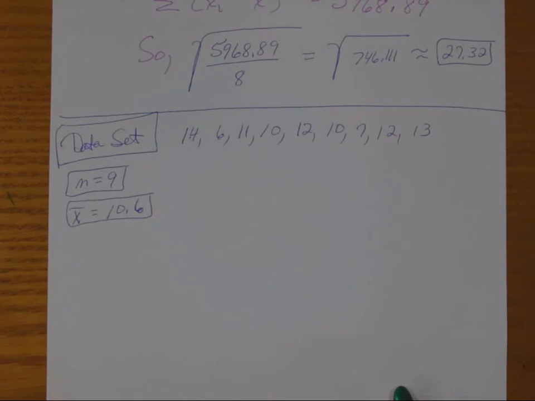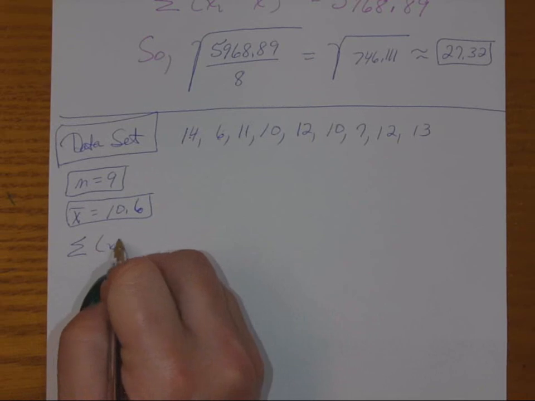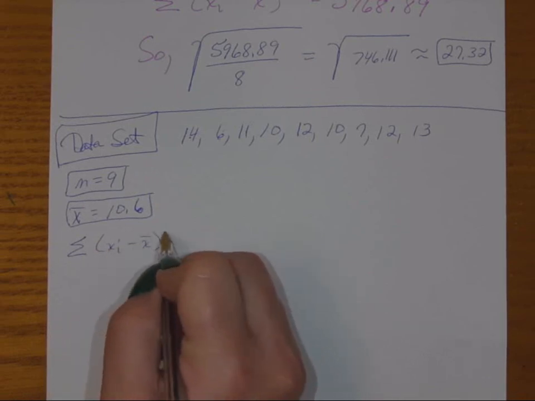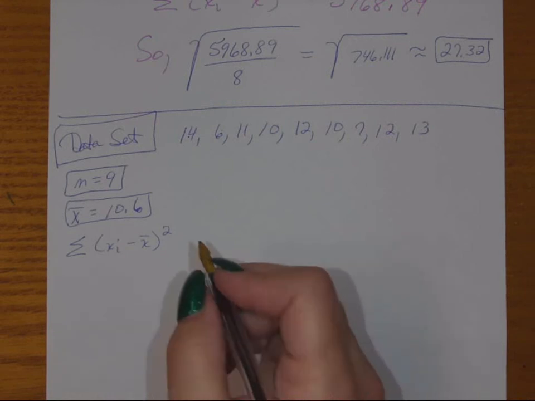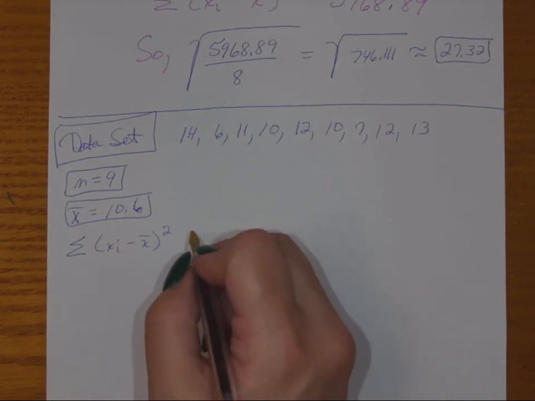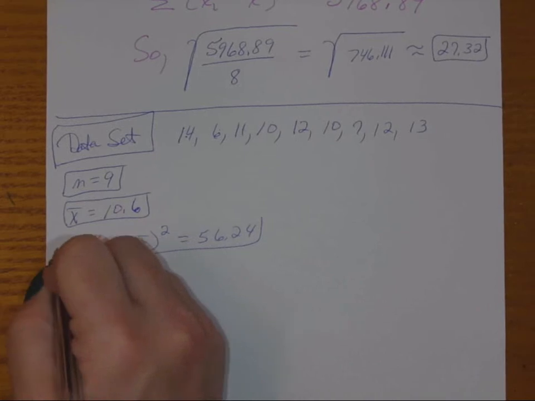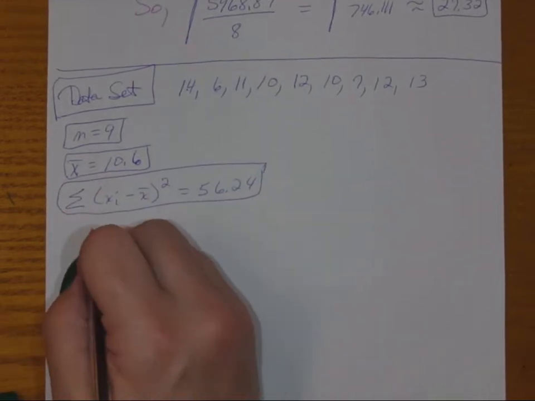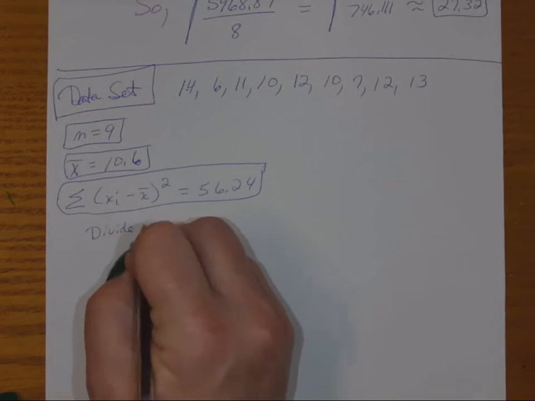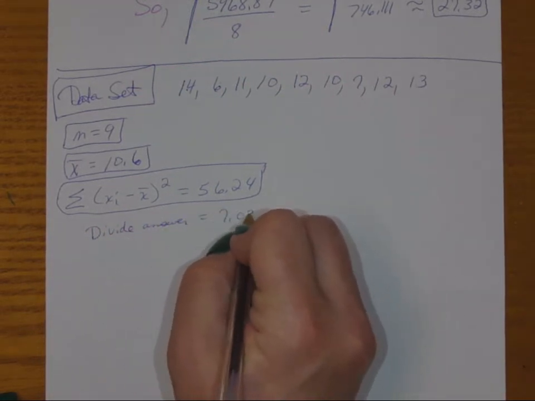And then I think that the sum of all the x sub i's minus x bar, squared, is 56.24. You've got to do your table or do your math, however you're going to do it. When you do the division step, my answer is 7.03.